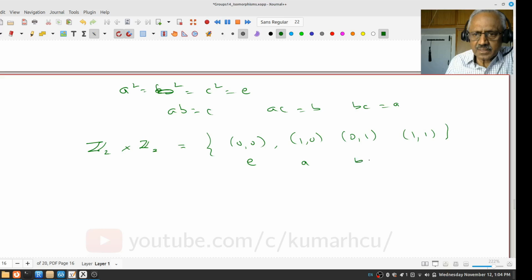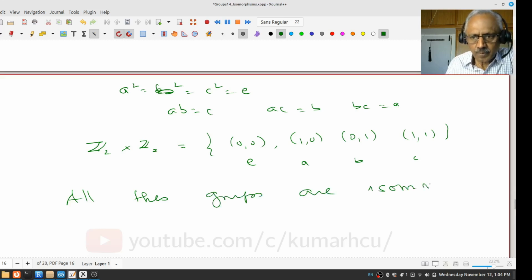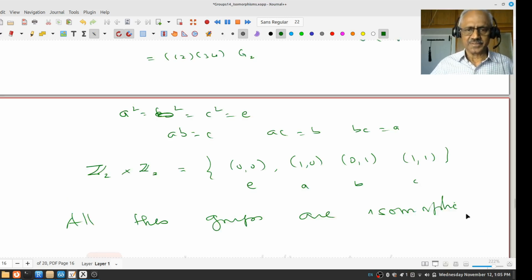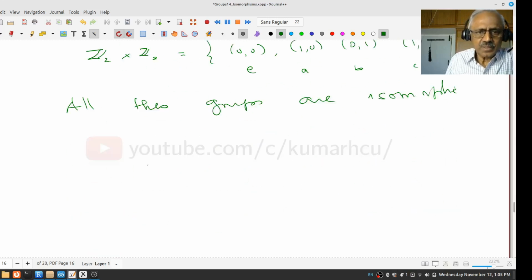This is A, this is B, this is C. So all these groups are isomorphic. Whatever I wrote as A, you identify. That's it.